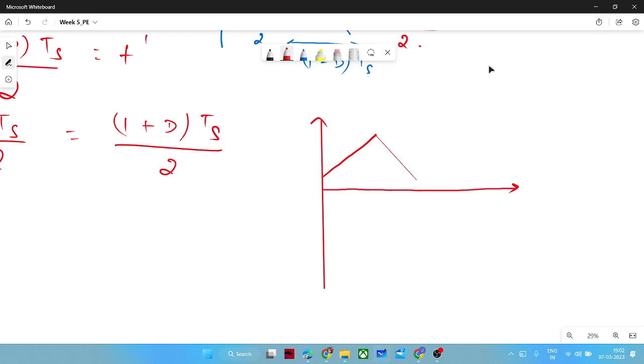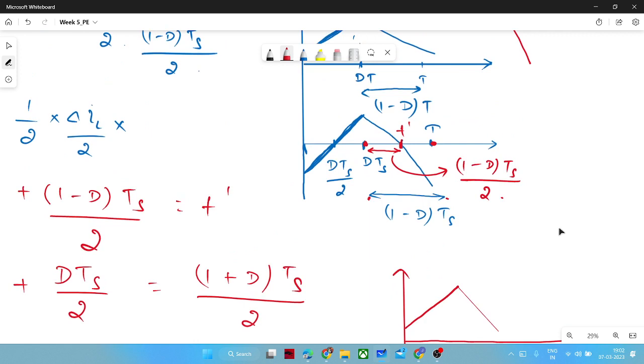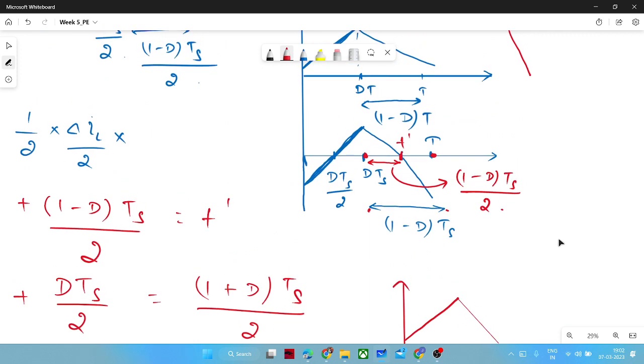No, no. See, you are definitely correct. But the thing is, we are computing this time either to compute positive area or negative area. Right? So if we know this period and this half period, but we do not know this half period and this half period separately, that's why we need to compute this T dash, and let us assume T1 and T dash.